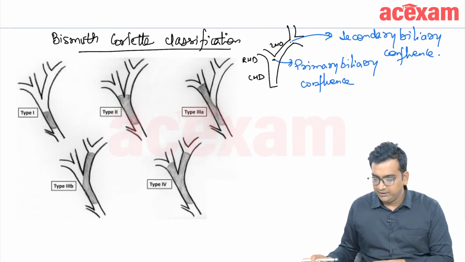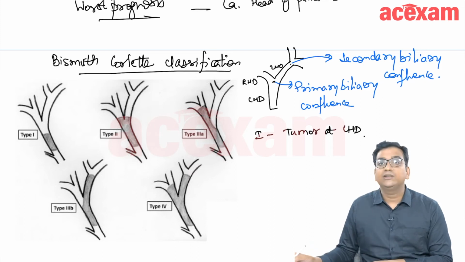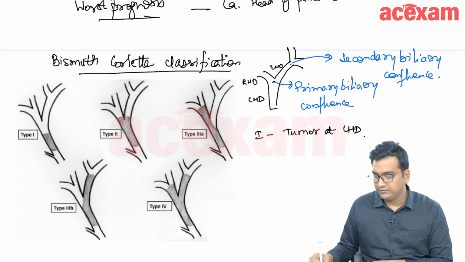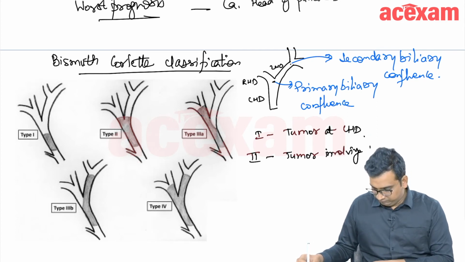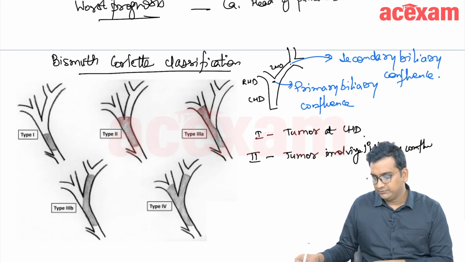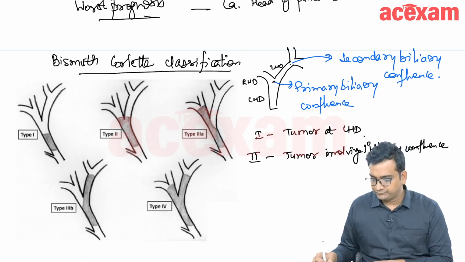This is the diagram, and type 1 is tumor at the CHD, the common hepatic duct. Okay, it does not involve the confluence. Type 2 is tumor involving the primary biliary confluence. Okay, and the secondary biliary confluence is not involved.